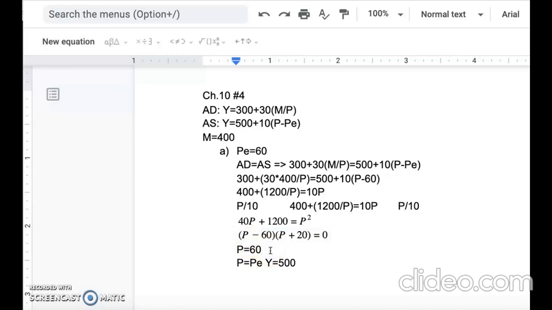P cannot be negative, so the only solution to this equation is P equals 60. At this equilibrium, P equals expected P. So we have the output equal to 500, and the economy is at full employment output.